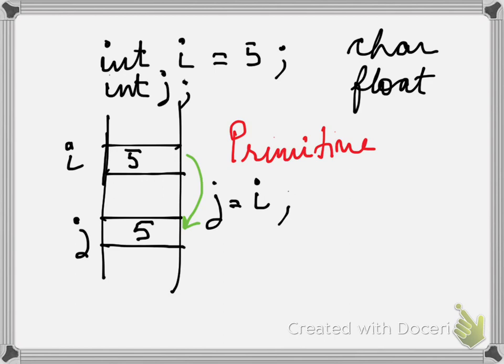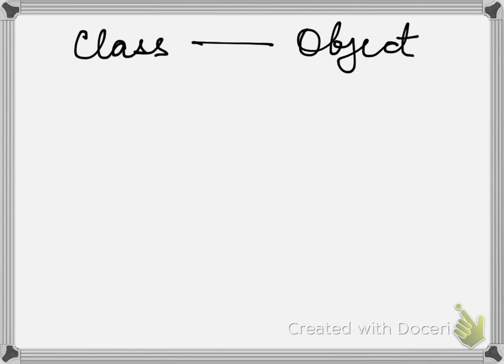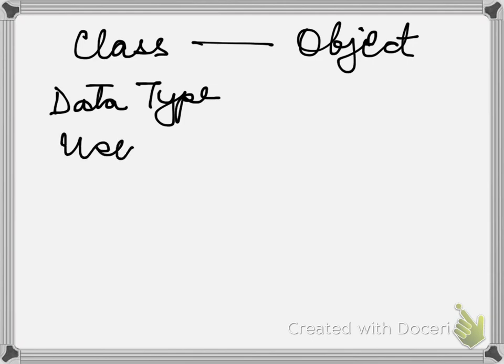Now if we look at our classes and objects, if you think of it, a class is nothing but a data type. It is a data type, and this data type is defined by the user. So it is user defined.